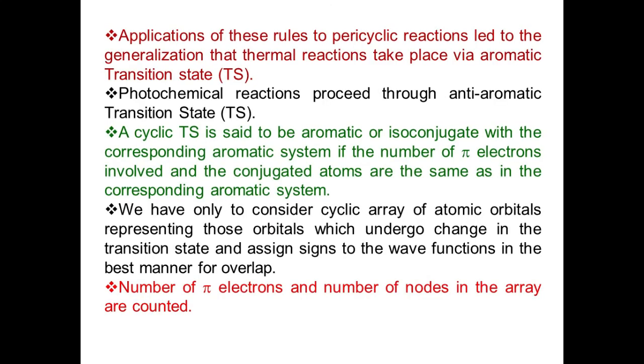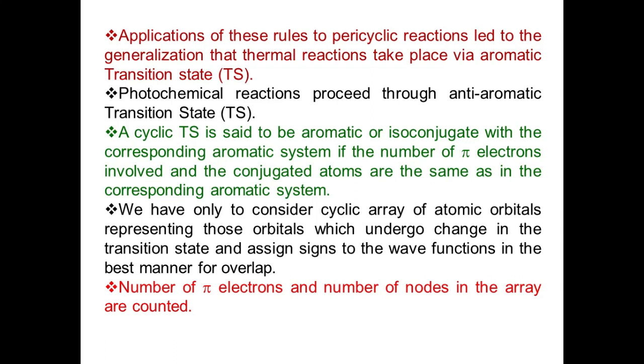The application of these rules to pericyclic reactions led to the generalization that thermal reactions take place via an aromatic transition state, and photochemical reactions proceed through an anti-aromatic transition state. A cyclic TS is said to be aromatic and isoconjugated with the corresponding aromatic system.